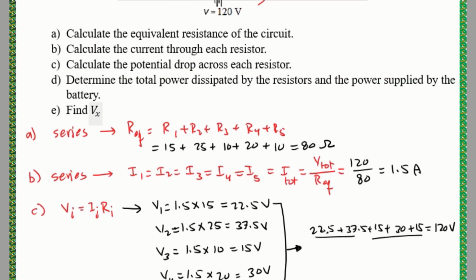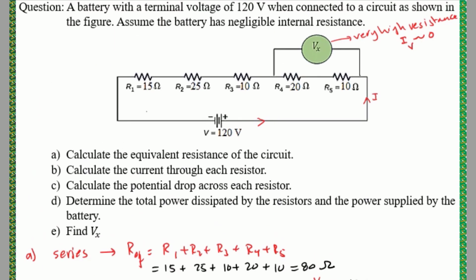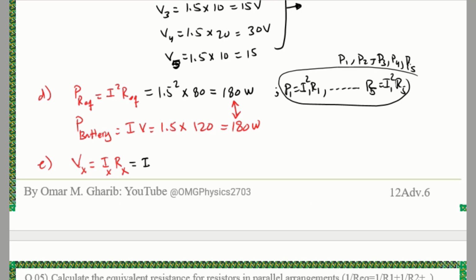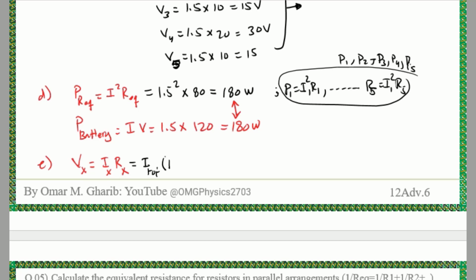The last one, find Vx. Go to the diagram to see where Vx is. Vx is across R4 and R5. So Vx equals I through x times R through x. And R through x is a series. The current is I total, and the resistors are R4 plus R5.